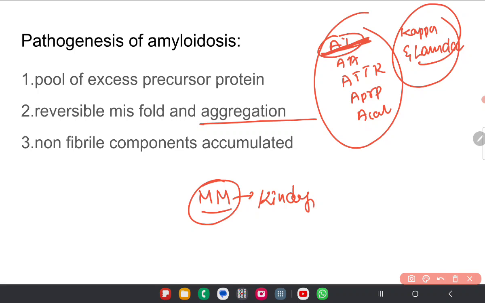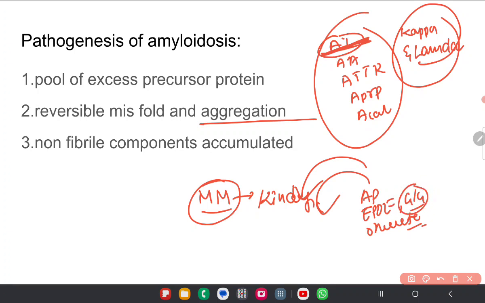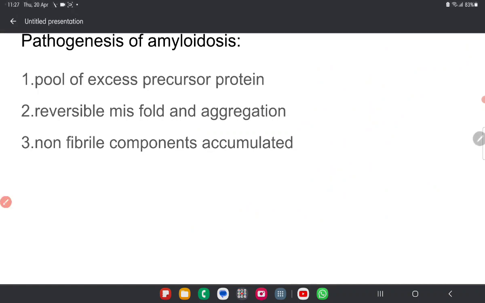Along with the fibril proteins, non-fibril components are also present. What are the non-fibril parts? Let me guess: P component, apoprotein E, glycosaminoglycans, and others we already discussed. So this is the major concept of how the pathogenesis of amyloidosis takes place.